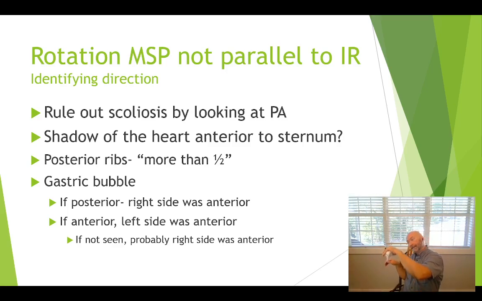So again, this is your patient with broad shoulders and narrow hips, and they're leaning away from the image receptor. This is the patient with broad hips and narrow shoulders, and they're leaning towards the image receptor. So just like there are conditions that mimic rotation, there are also conditions that may mimic tilt and leaning as well.